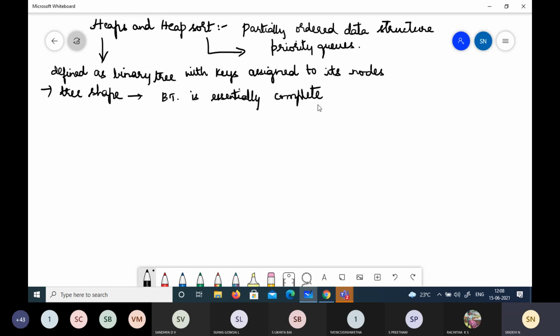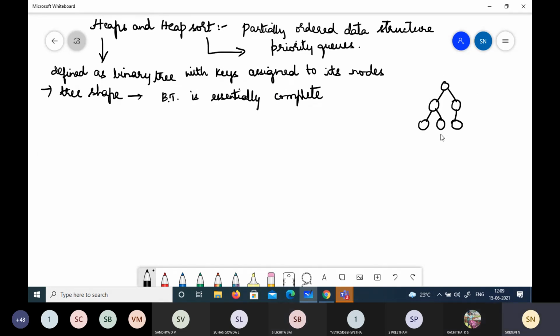When you say a binary tree is complete, let me write an example for you. Is this tree a complete binary tree or a full binary tree?